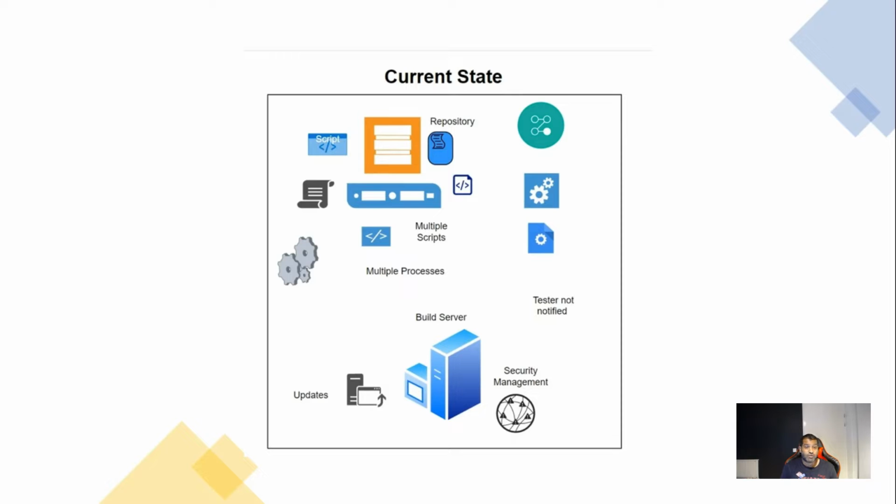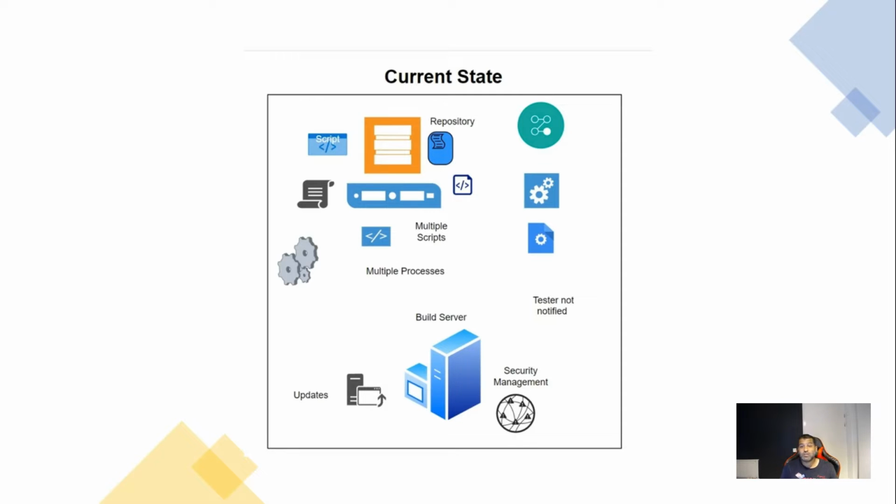And for example, for SMEs, there are multiple processes defined, which at times makes it challenging to keep moving the task further. A testing team is also not notified if a new build release is done, or if any changes are made to the existing application or a script.